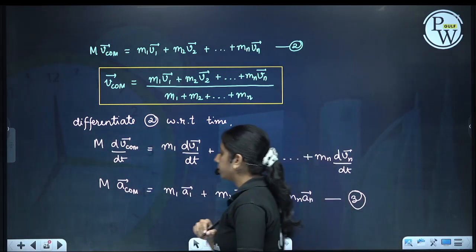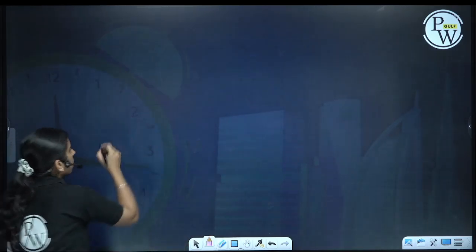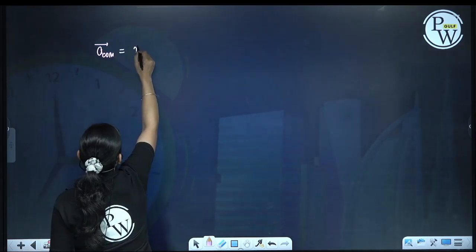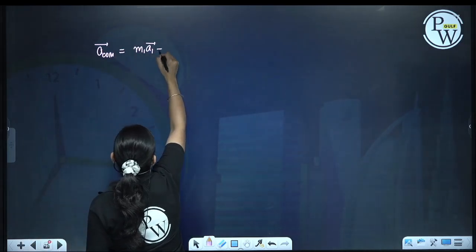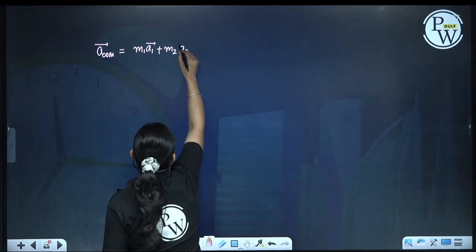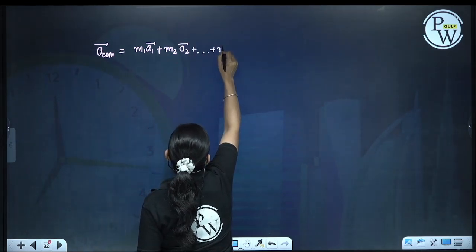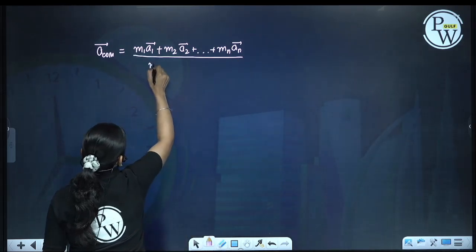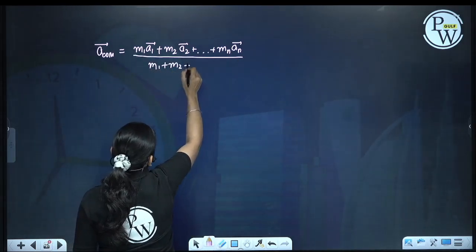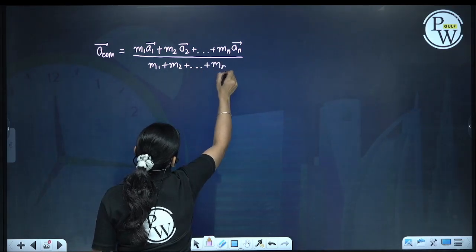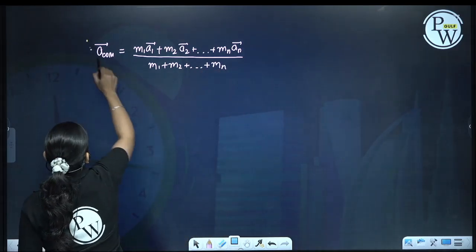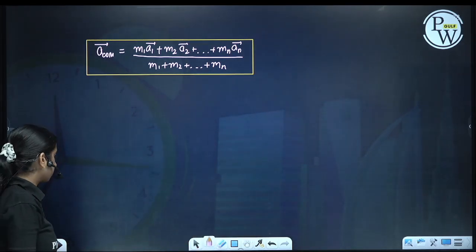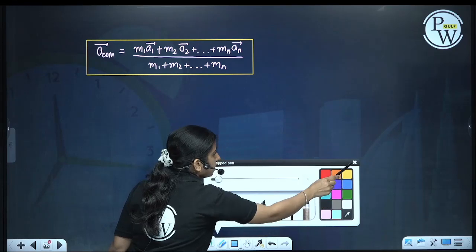So from here we will get that acceleration of center of mass is equal to m1a1 plus m2a2 up till so on mn an divided by m1 plus m2 up till so on mn. This is our acceleration of center of mass.